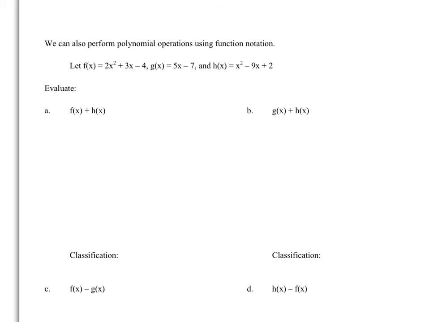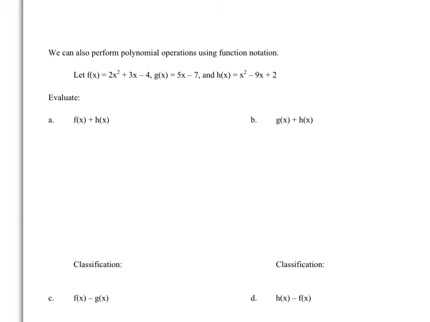So a, taking f of x plus h of x, so that would be 2x squared plus 3x minus 4, and I'm adding to that x squared minus 9x plus 2.